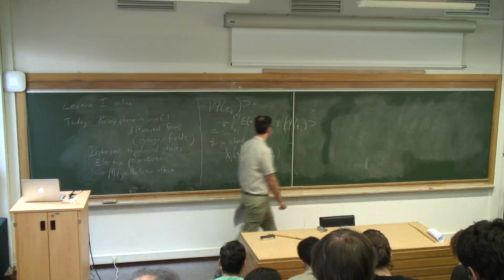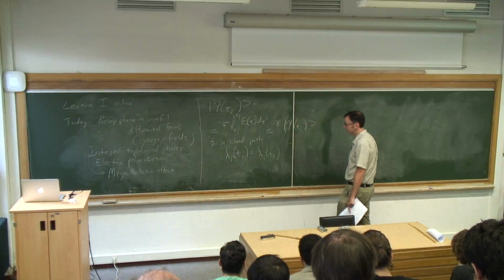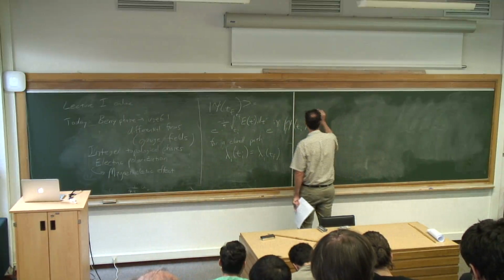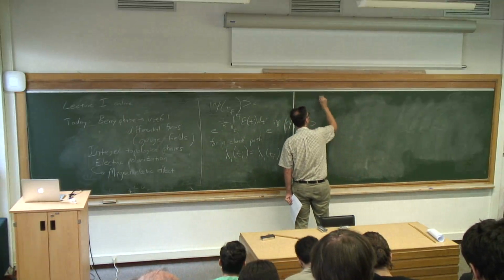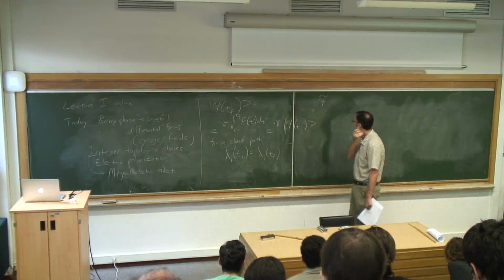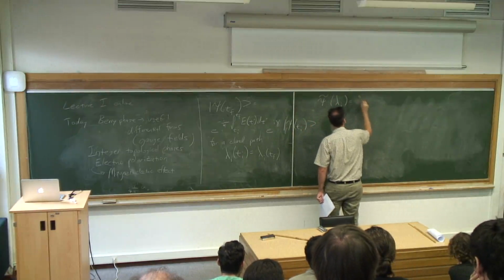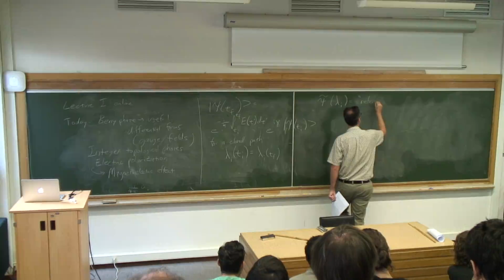So to get this gamma, I need to define what gamma is. I want reference wave functions. So psi tilde is slightly different from psi. Psi tilde is just a function of the lambdas. These are my so-called reference wave functions.